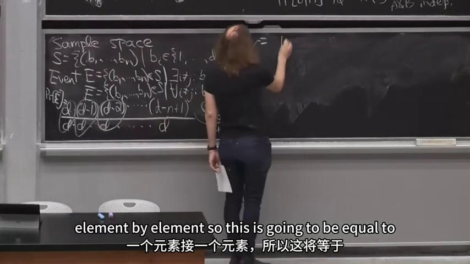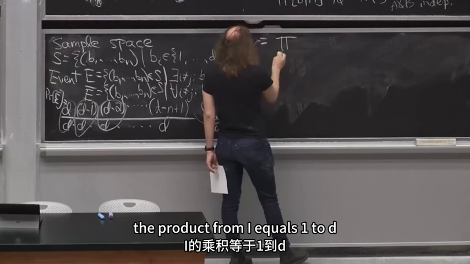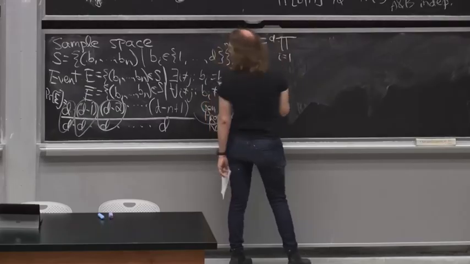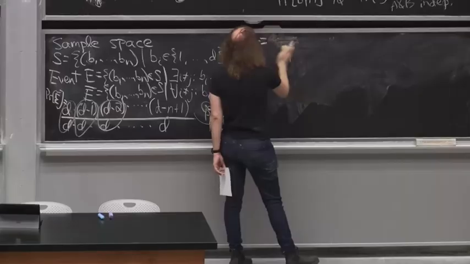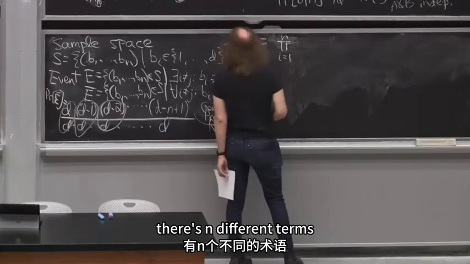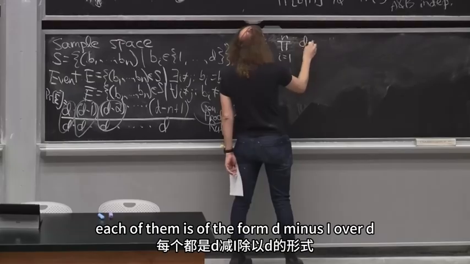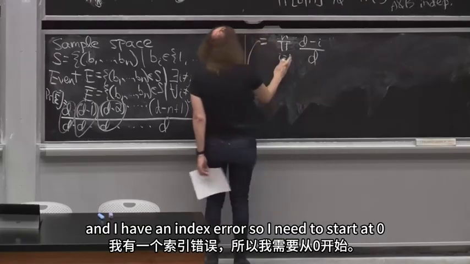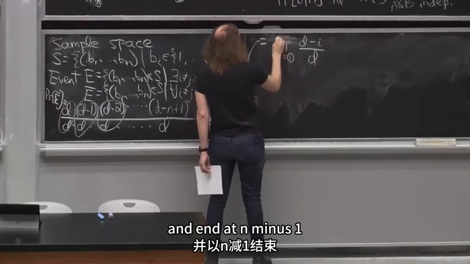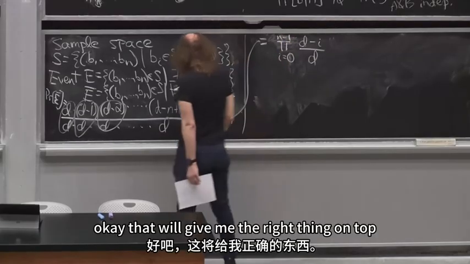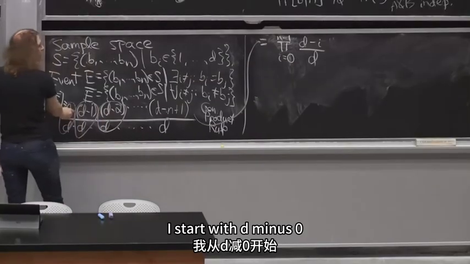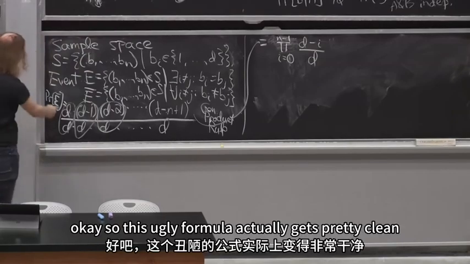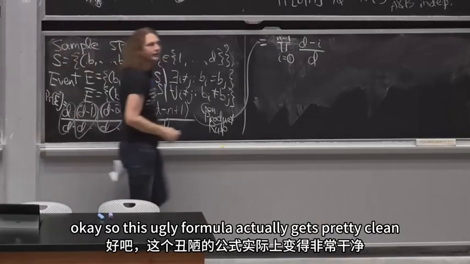So this is going to be equal to the product from i equals 1 to n, sorry, there's n different terms. Each of them is of the form d minus i over d, and I have an index error, so I need to start at 0 and end at n minus 1. That will give me the right thing on top. I start with d minus 0 and end with d minus (n minus 1). So this ugly formula actually gets pretty clean.